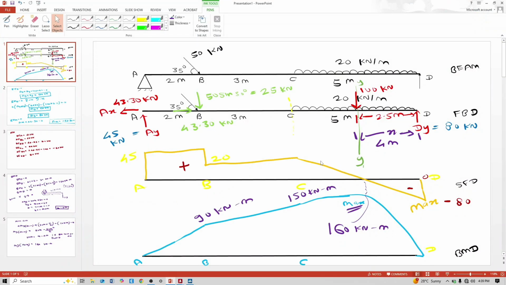So this way our shear force diagram and bending moment diagram completes. Thank you very much.